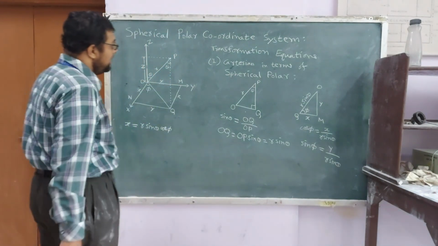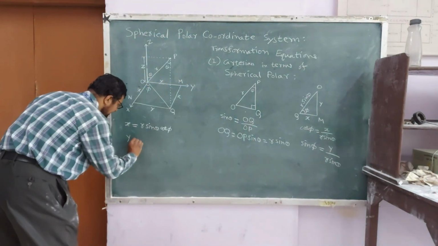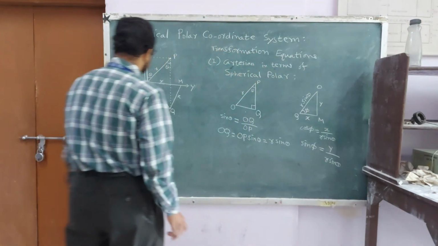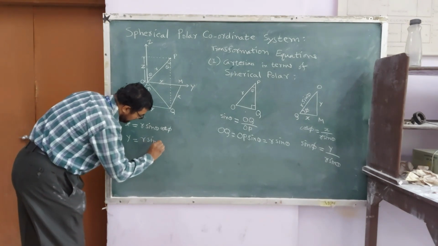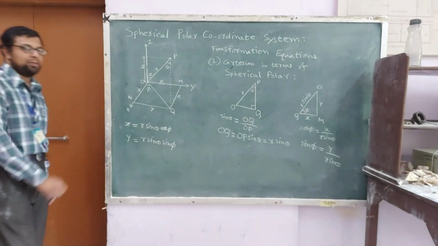So therefore this y can be written like this. This will come on this side again, so it will be R sine theta into sine of phi. R sine theta into sine phi.